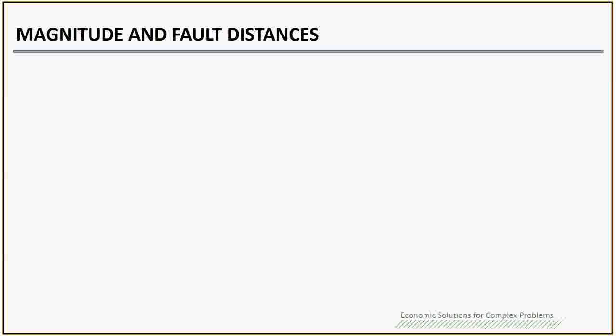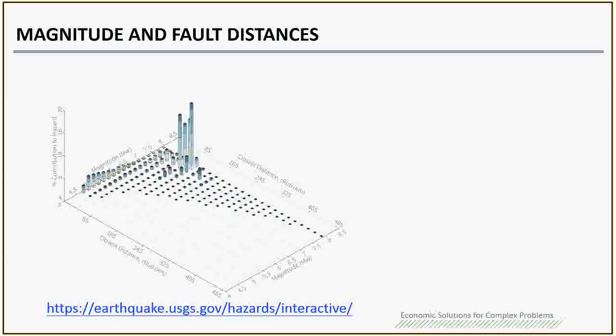So you have to search an existing earthquake database to find events with a similar magnitude and fault distance. The question is how to determine the magnitude and fault distance. So we typically run an analysis called deaggregation analysis.